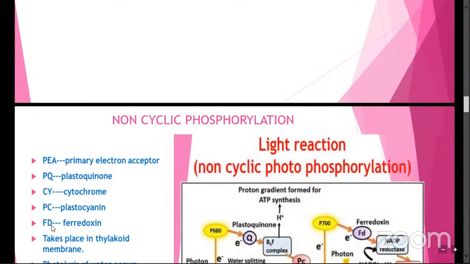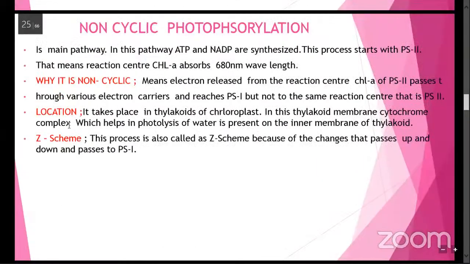All these are the electron carriers. Through these electron carriers, electrons pass, and finally they reach pigment system 1, but not pigment system 2. That's why this is called non-cyclic. During this movement of electrons, ATP synthesis takes place.